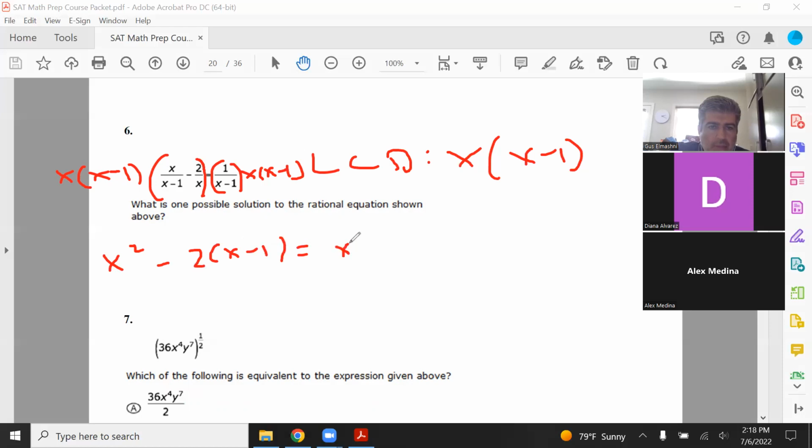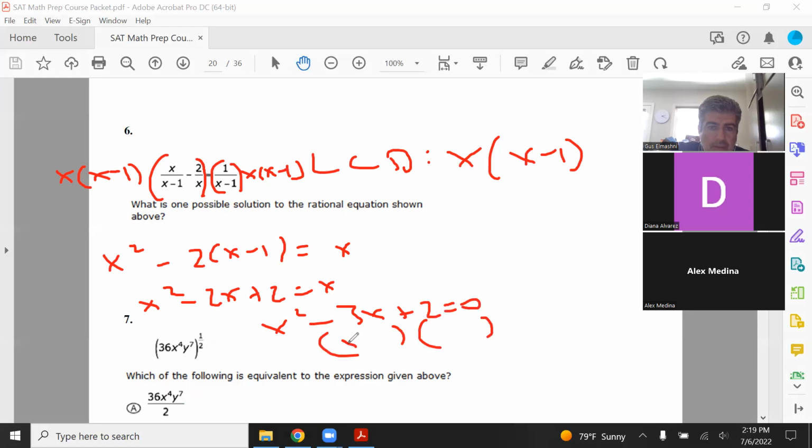The other one will be x squared minus 2x plus 2, so x squared minus 3x plus 2 equals 0. Factor it: x minus 1, x minus 2, you get x equals 1 or 2. But 1 won't work because that would make the bottom undefined, so you just go with 2 because you can't divide by 0. Questions about number 6? Okay, we'll keep moving.